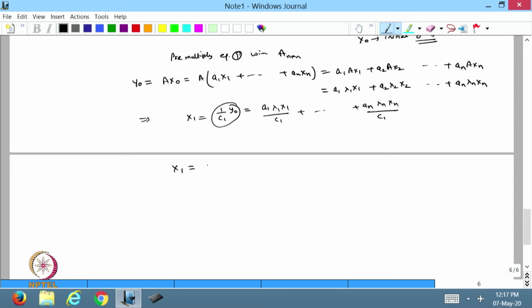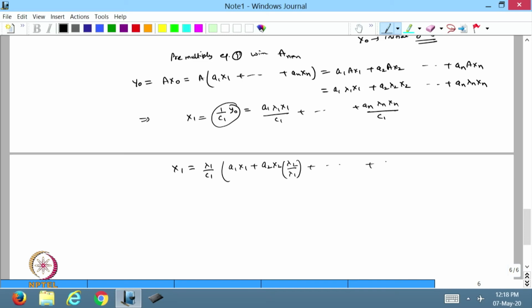So, from here I can write that x1 can be written as follows. I will take the common factor lambda 1 over c1 from all. Now inside I will get a1 x1 plus a2 x2 lambda 2 over lambda 1, and so on.